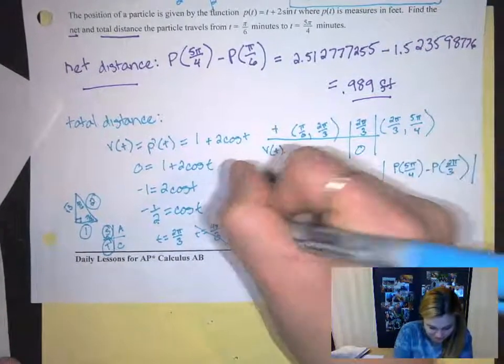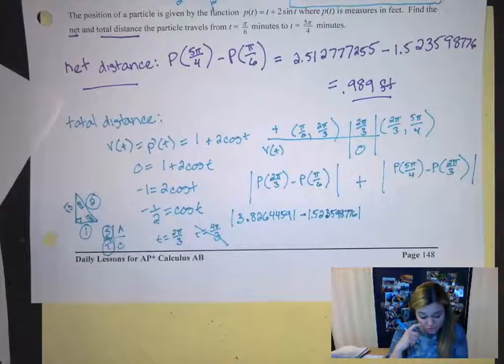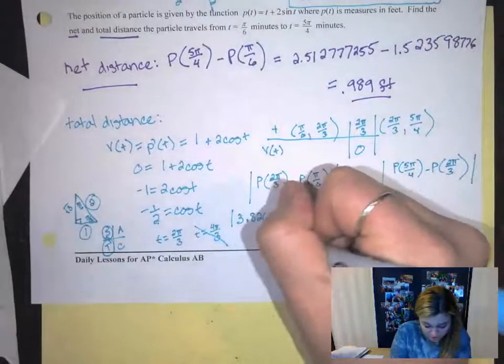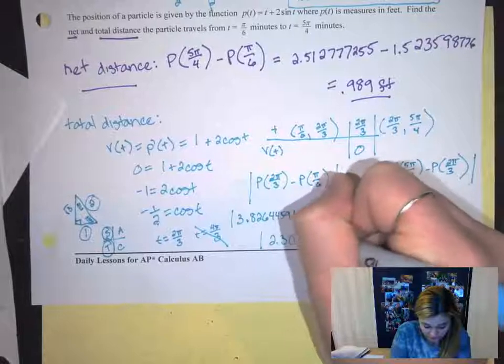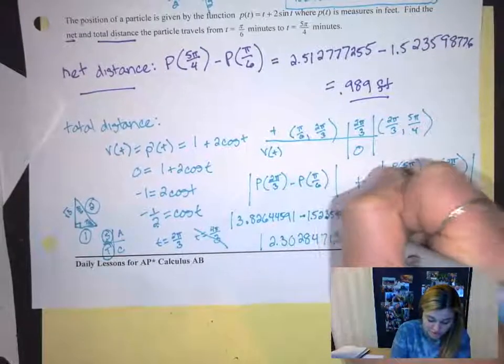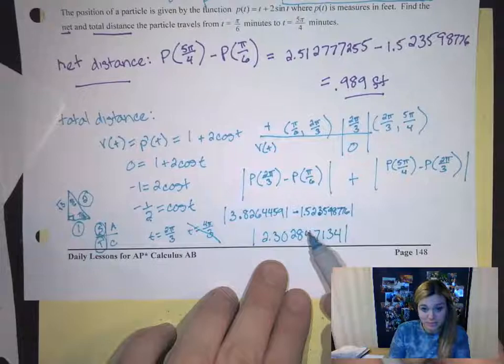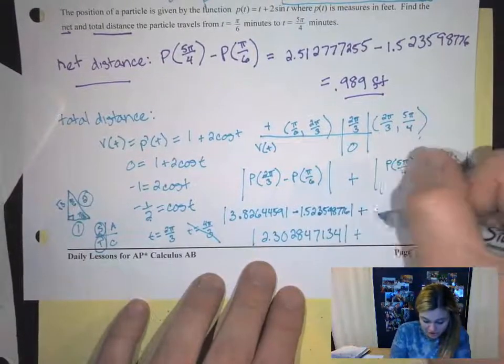This is a lot, but people are going to think you are so smart, which is very exciting. 2.302847134. This is that first change in position, and then the particle changes direction.